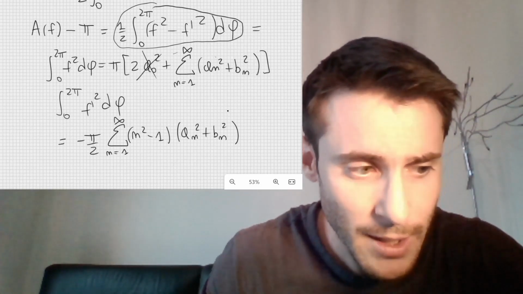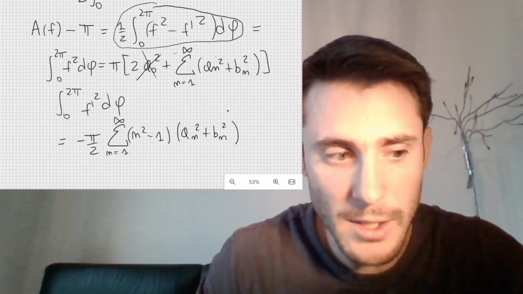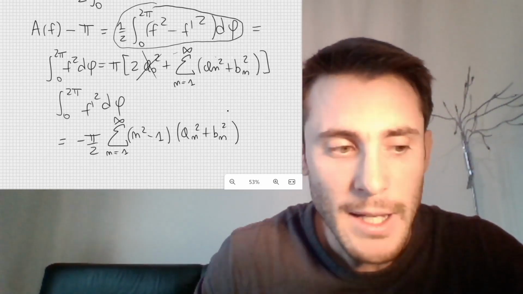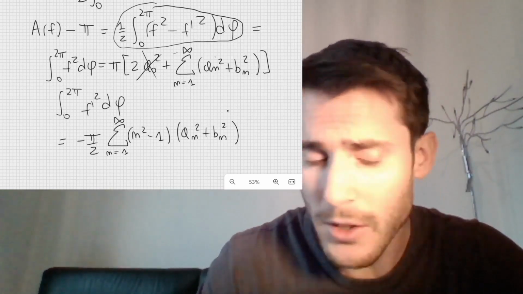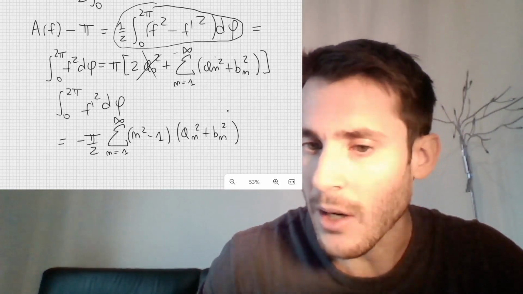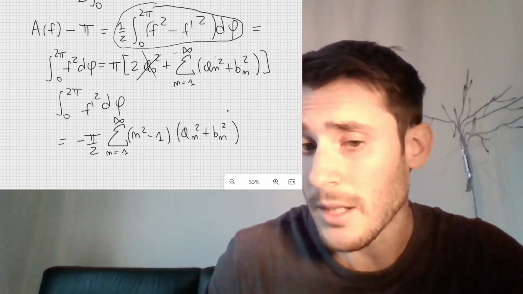And you can see that the perturbation produces a decrease in the area as long as at least one of the Fourier coefficients with index n greater than 1 is not equal to 0.